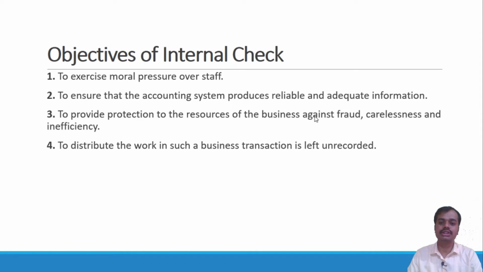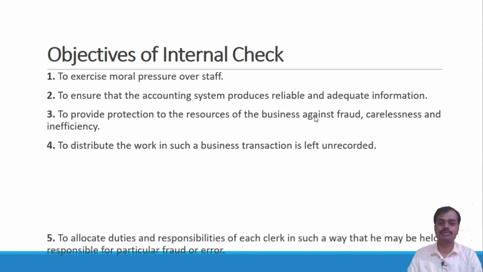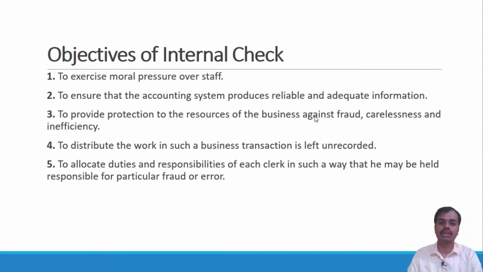Next objective is to distribute the work in such a way that no business transaction is left unrecorded. Next objective is to allocate duties and responsibilities of each clerk in such a way that he may be held responsible for a particular fraud or error.